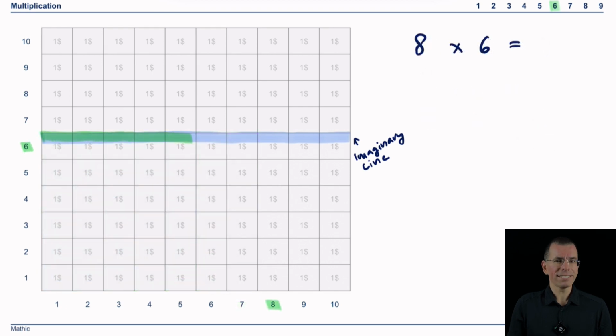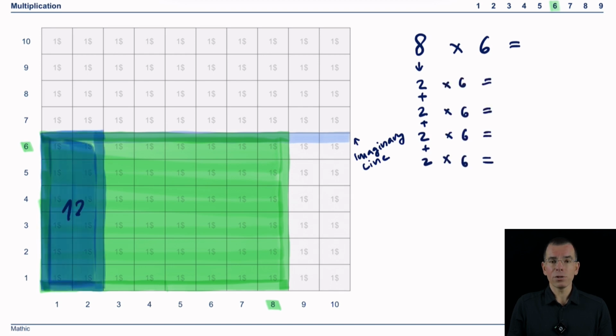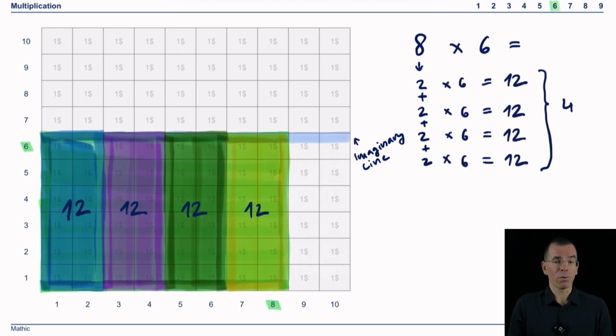8 times 6, here there are endless options that we can use for multiplication. Let's investigate the most common ones. We can split 8 into 2 plus 2 plus 2 plus 2 and calculate in 4 steps, adding together 2 times 6, that is 12, 4 times.